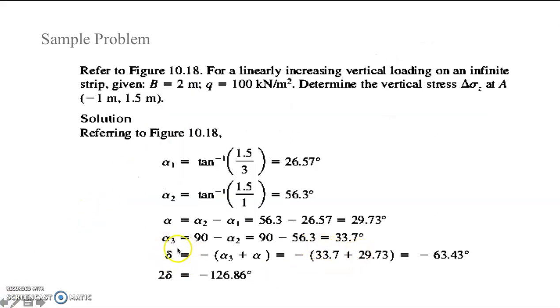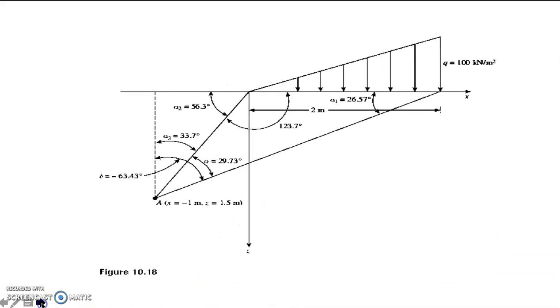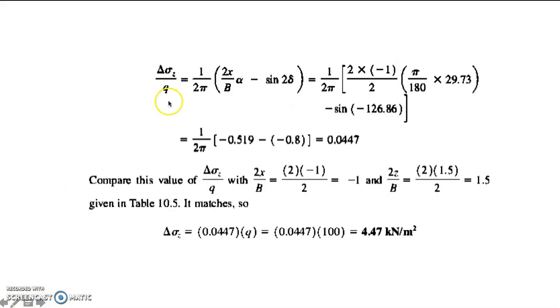Now you can get your delta. That is negative alpha 3 plus alpha, so it gives us negative 63.43 degrees. And of course, 2 delta is negative 126.86 degrees.